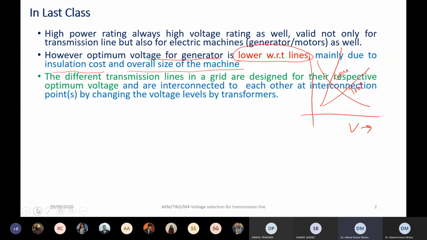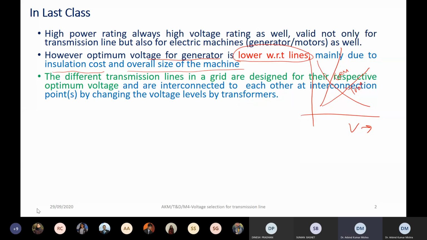Then we also discussed that when we interconnect several lines to form a grid or power system, you might think that we can add only lines of the same voltage together. No, that may not be true.